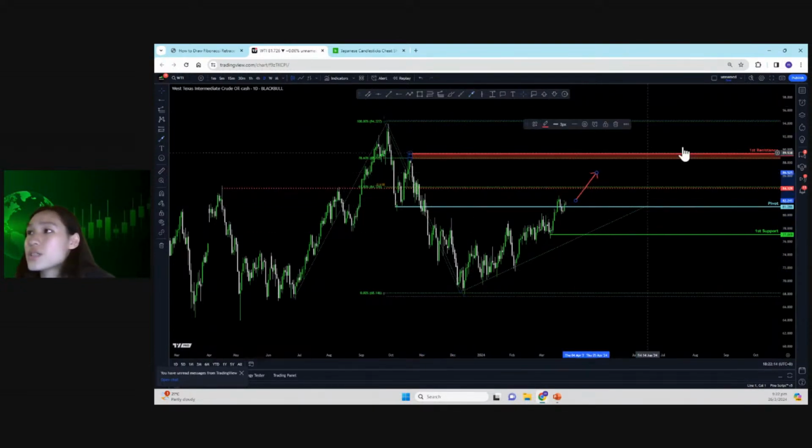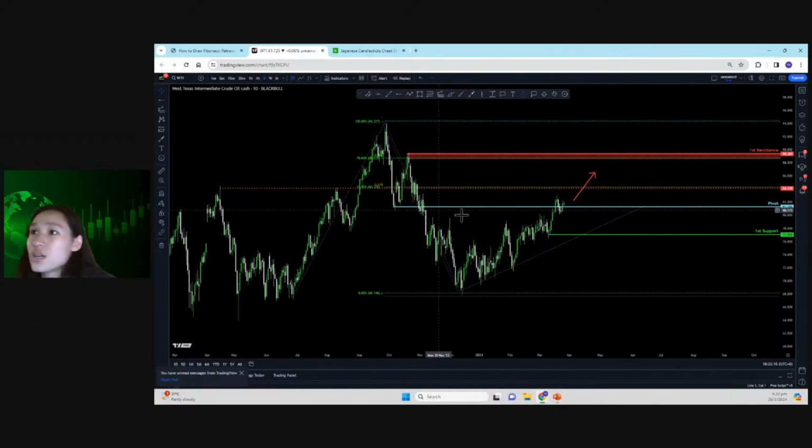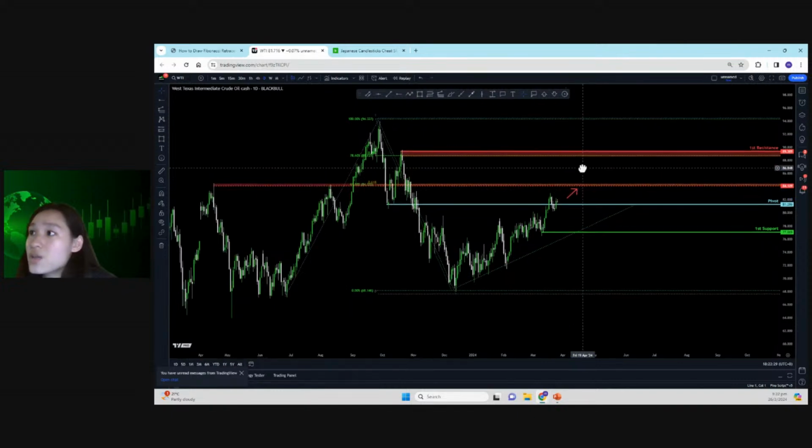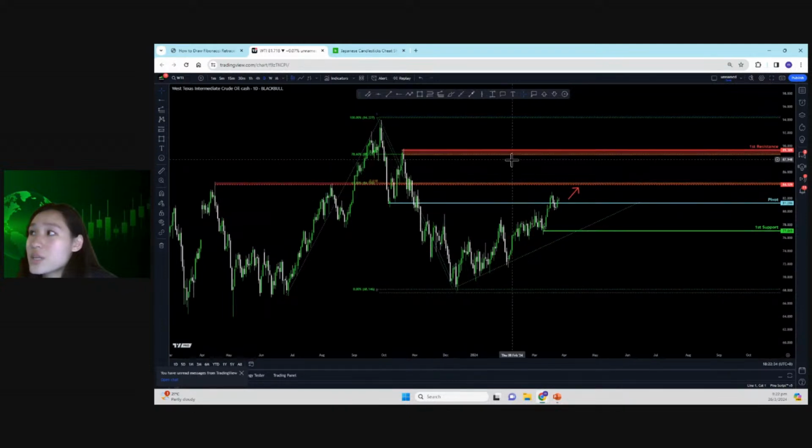So we might see price continue to move towards our first resistance if price is able to break out of this confluence area here. But it does look like price is attracted to this area here. So I would place my partial profit here and then my take profit up here.